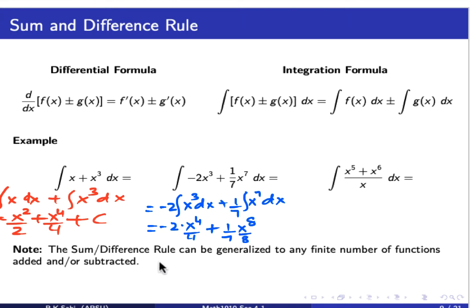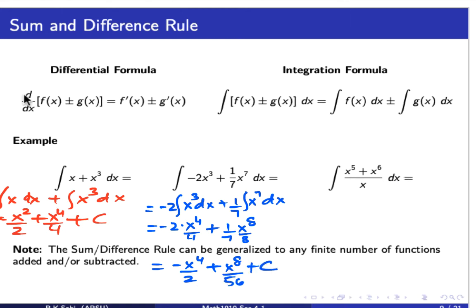And remember, in the final answer we just write a c. So minus 2 and 4 can cancel out. We have minus x to the power 4 divided by 2, plus x to the power 8 divided by 56. And as usual, in the final answer, just put a c.